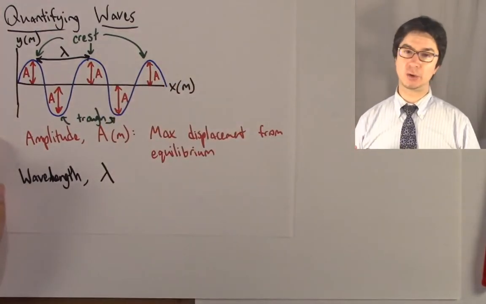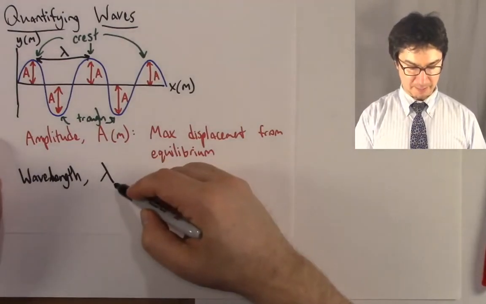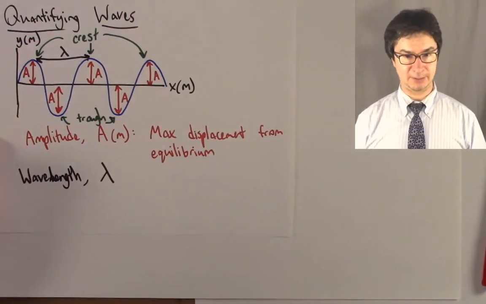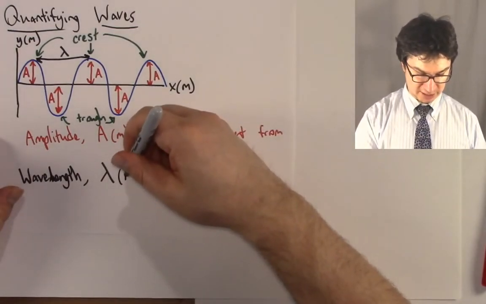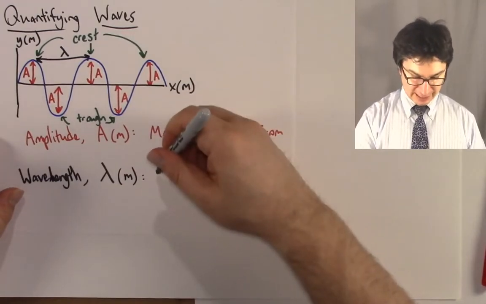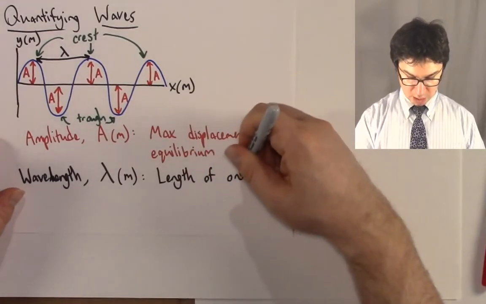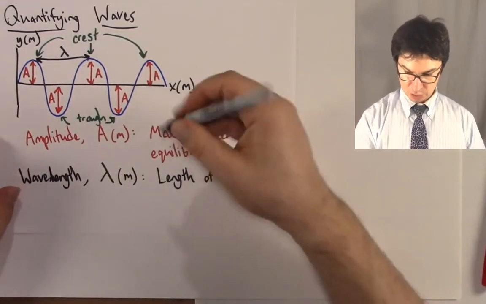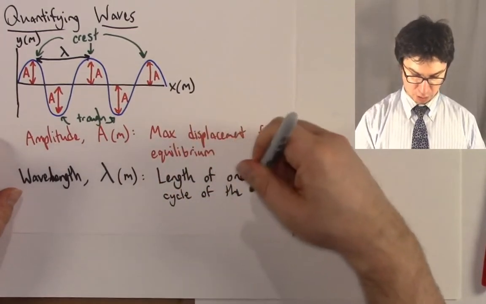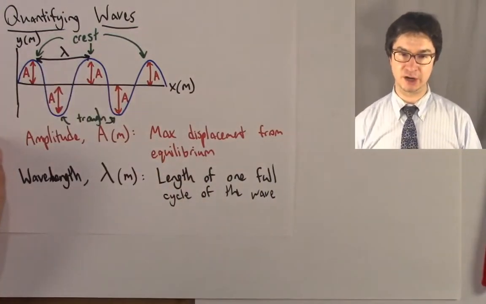Now, this is a Greek lowercase lambda, and it kind of looks like an upside down Y. So think about a backslash like this, and then this little tail coming off the front. That's a lambda. The unit for lambda is meters, and the wavelength is the length of one full cycle of the wave.